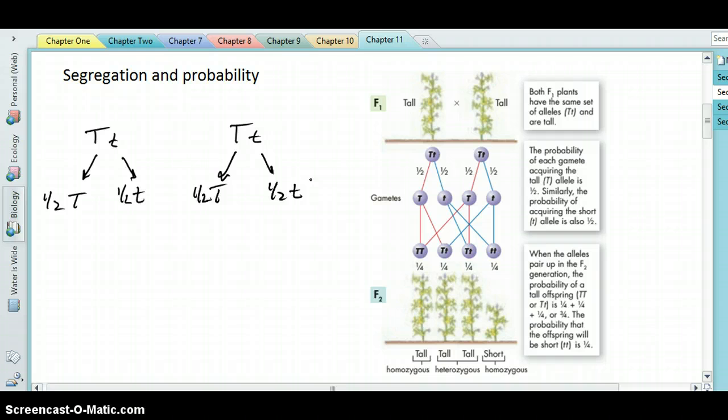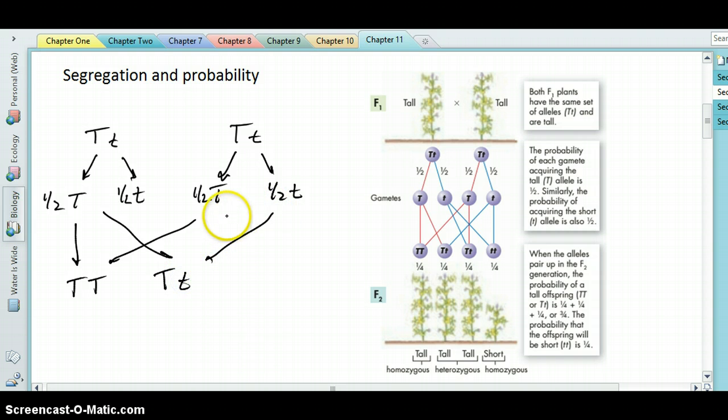All right, so the combinations you can get in the offspring, as we see here: you can get offspring that's big T, big T; big T, little t; big T from the mom plant, little t from the dad plant; and you can get 2 little t's, again, one from mom and one from dad.